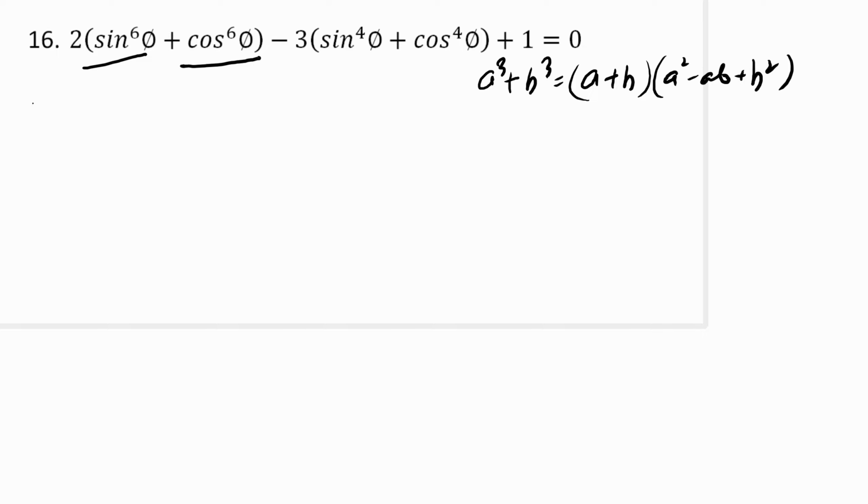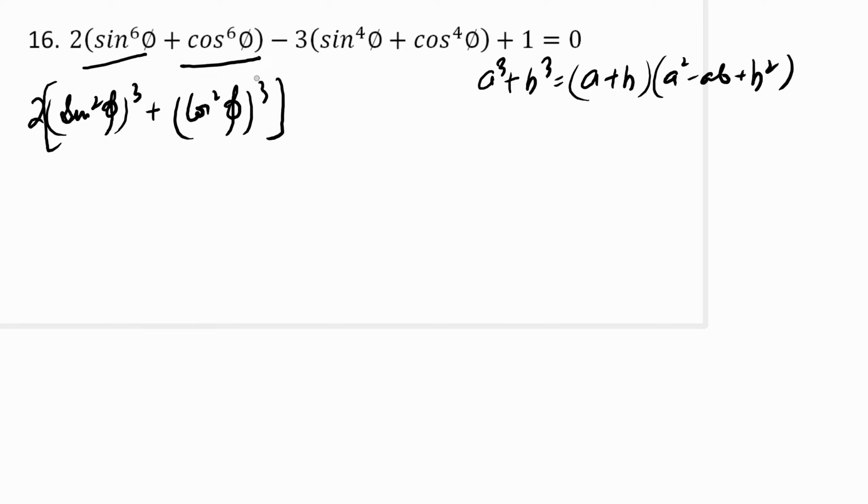This is 2 sine square phi whole cube plus cos square phi whole cube. We can write it like this, the left hand side, and then we write minus 3 sine 4 phi plus cos 4 phi plus 1 is equal to 0.